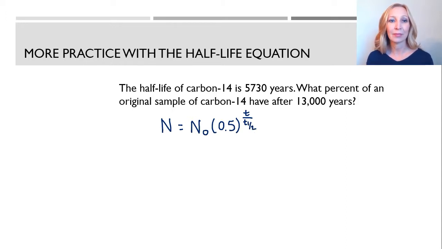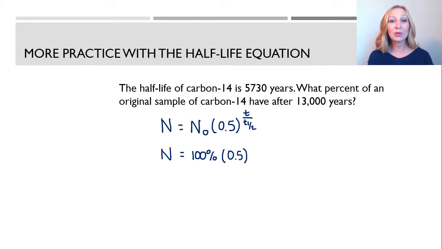So when you're asked to find a percentage, you have to assume that you're always going to start out with 100% of your sample. So my n naught is 100%. And then what we'll end up with is a percentage, the percent that is left.